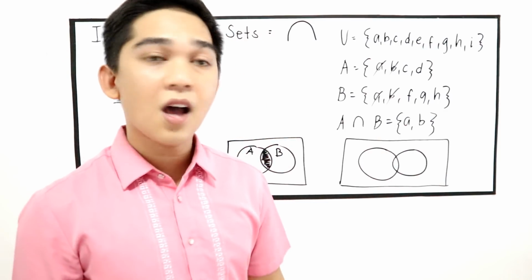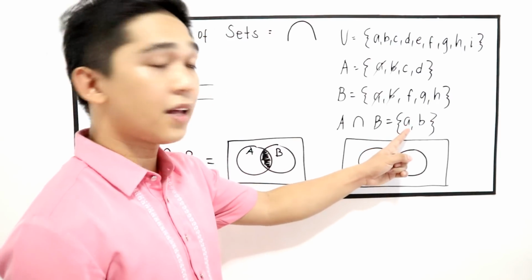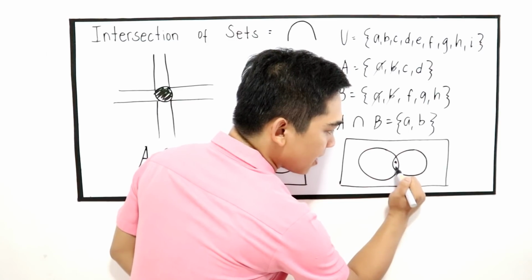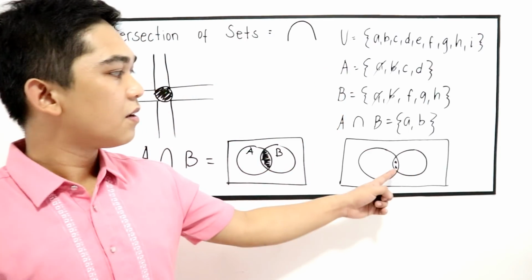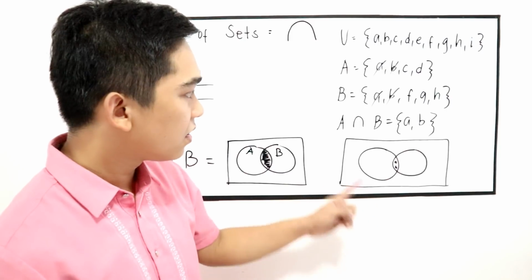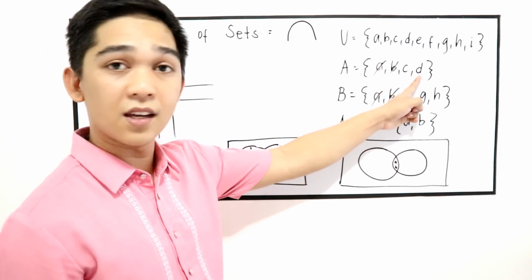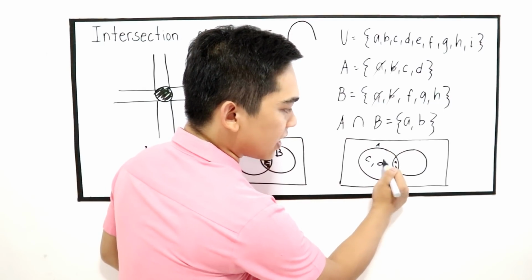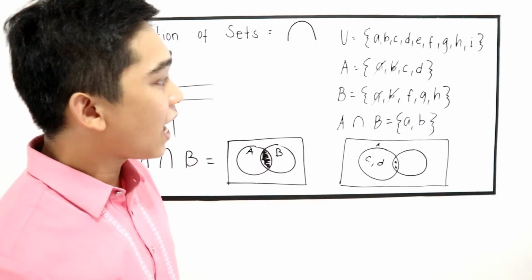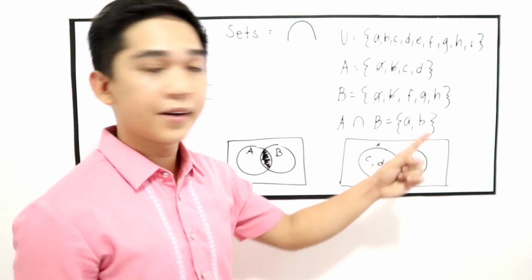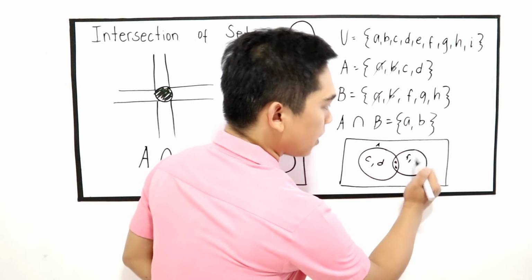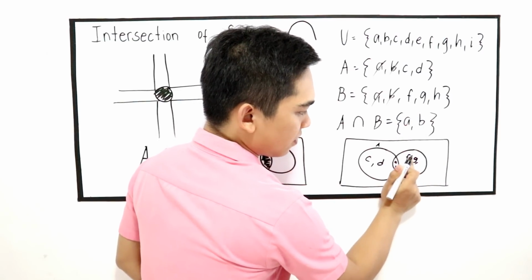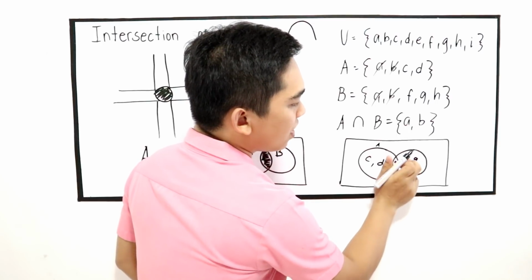The intersection are elements A and B. So write in the intersection point A, B. Then the remaining elements for A are C and D. So write, this is for A, write C and D. And the remaining elements for B are F, G, and H. We can remove the comma.